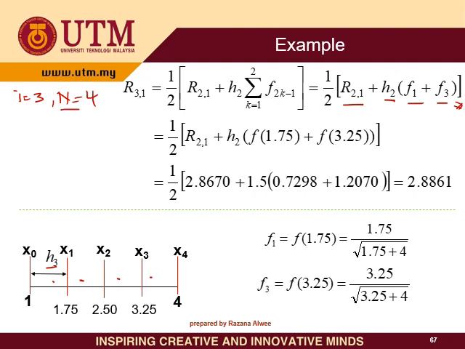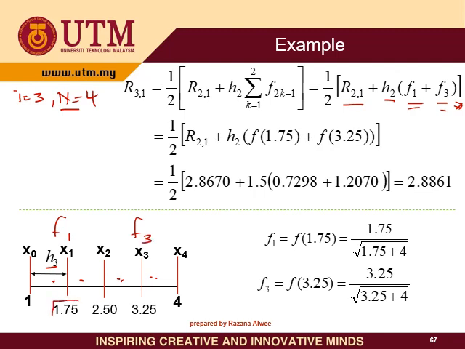So we have 4n. How to find the n? Also stated in the previous slide. Okay, you can find the equation. So we have 4 here, and based on this 4, we can count the h. You can find the h also using the previous calculation, and we get 5 points, x0, x1, x2, x3, and x4. So they ask us f1 and f3, so we just find where is our x1 and where is our x3.